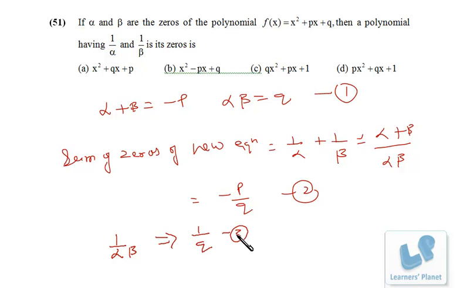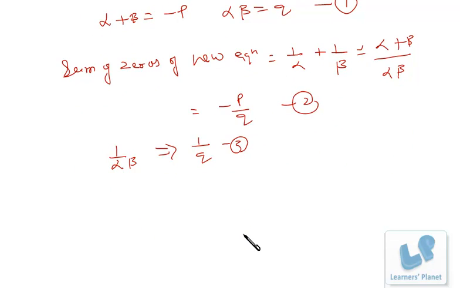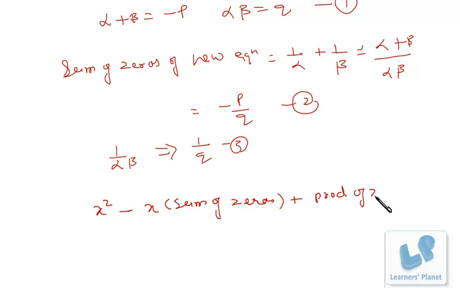Right? So for the new quadratic equation, we have the sum of zeros and the product of zeros. Now how can we frame a quadratic equation whose sum and product is known to us? So that's x square minus x times sum of zeros plus product of zeros, right? This is the standard quadratic equation which we have already discussed, and in this we can directly put the values.